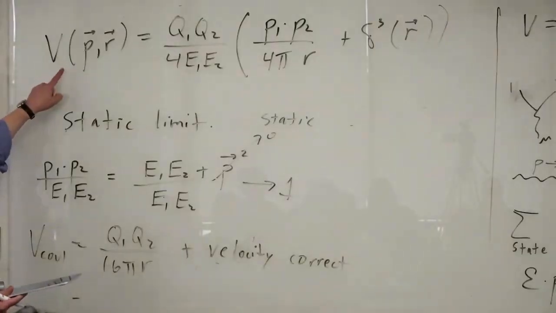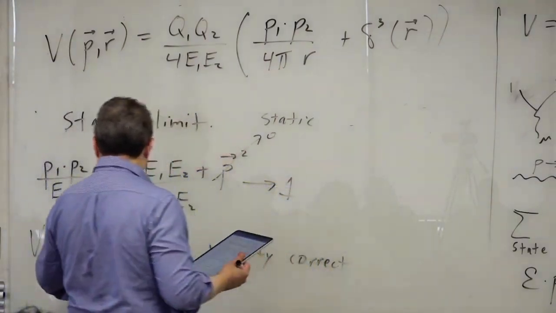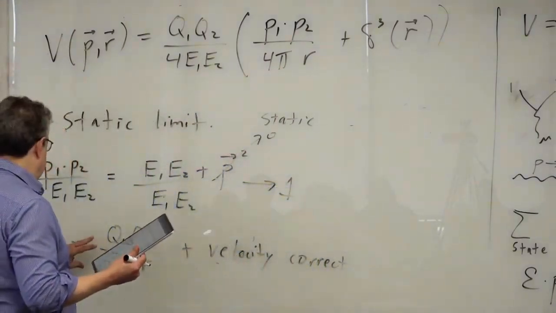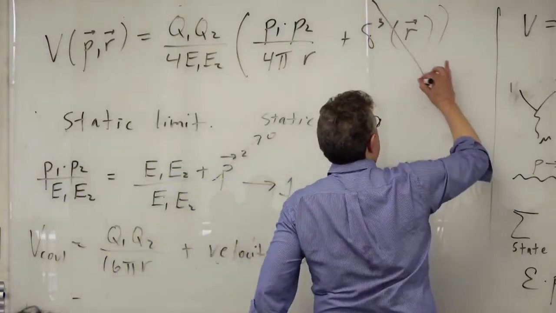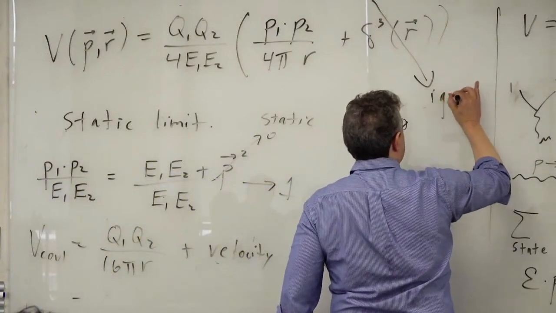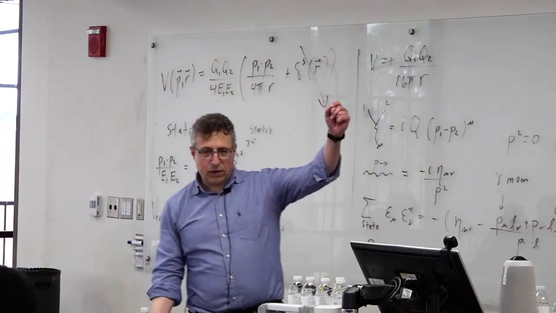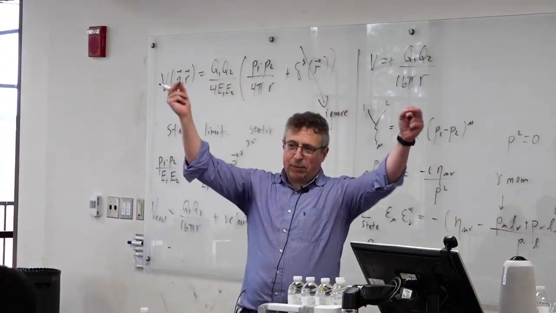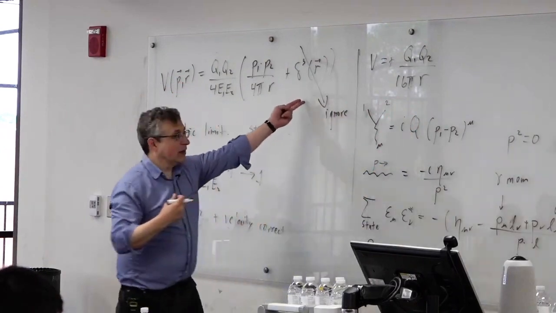This formula is the correction of this one. I meant to say ignore the delta function, because we're talking about two point charges, or two charges that don't have to be points but are far enough separated. If they're far enough separated, no delta function.